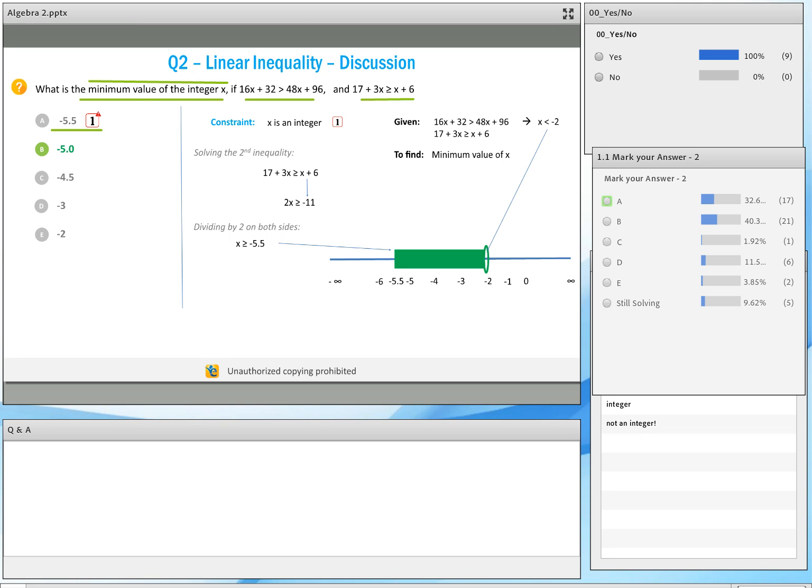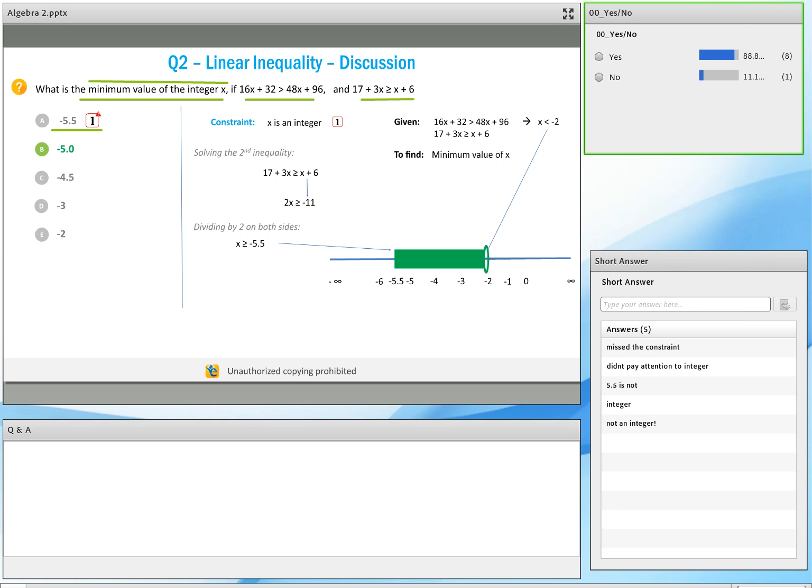Right, so all of you got the question wrong for the same reasons, except for those who were still solving. Those people, I would say, you still need to build on your conceptual understanding of inequalities. But most of you who answered the question got it wrong not because you don't know how to solve inequalities, but because you could not apply the constraints. Is that correct? Yes or no?